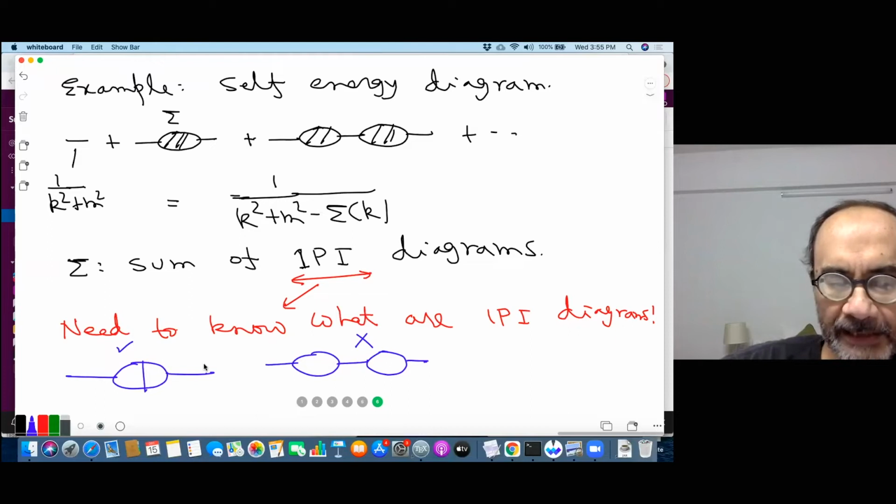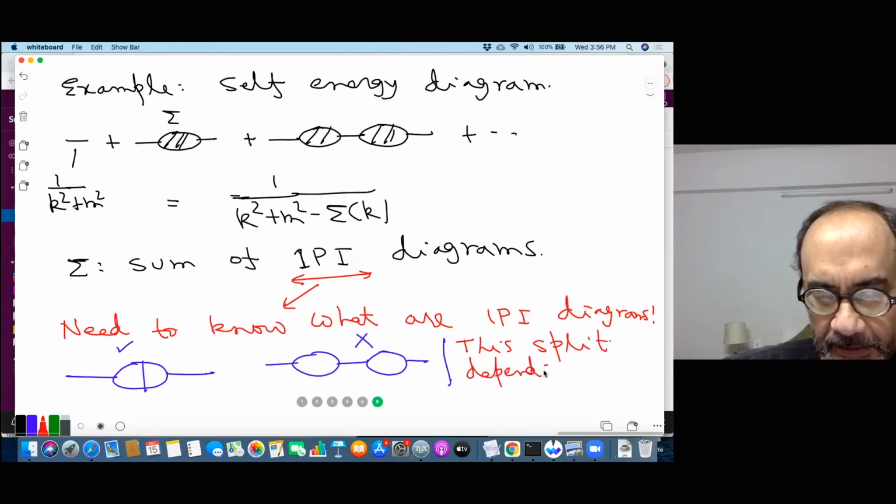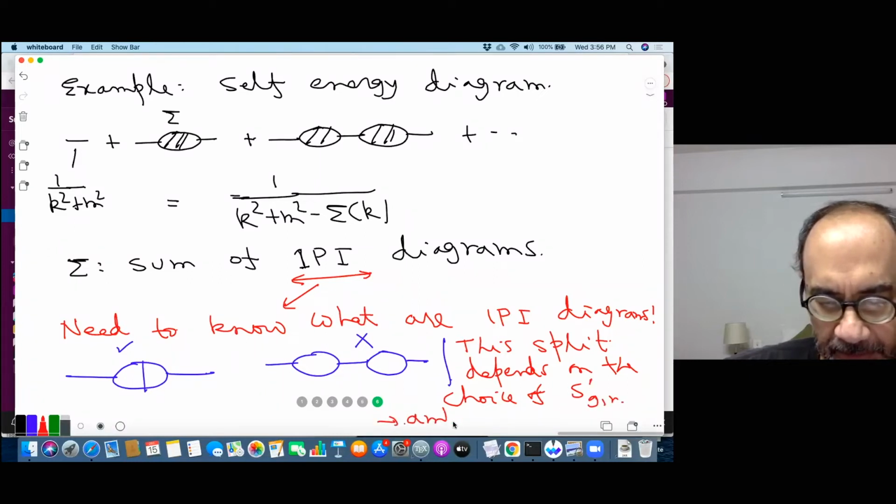I should also add that this decomposition, which regions are 1PI and which regions are not 1PI, depends on the choice of S prime 0. So this split depends on the choice of S prime Gn, and as a result, it's necessarily ambiguous.